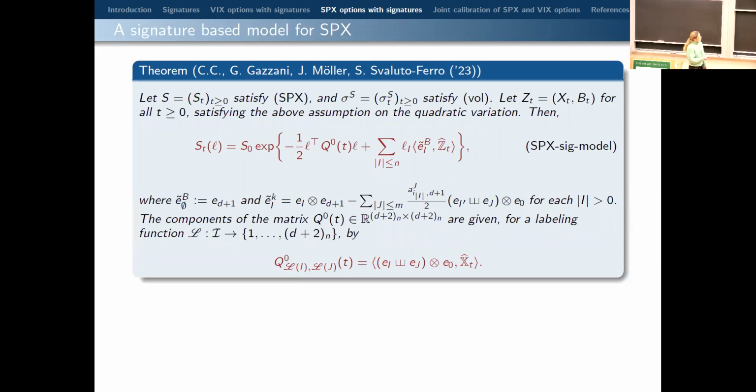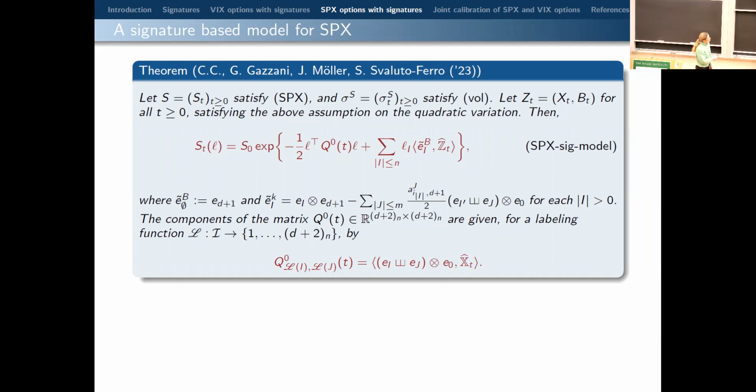So now this is the expression for the price process in terms of the signature of this Z. Again, Z is this combination of X and the driving Brownian motion, and we can write the price process like this. So we have an exponential, then again some Q0 matrix with these parameters L, and here something linear in the signature.